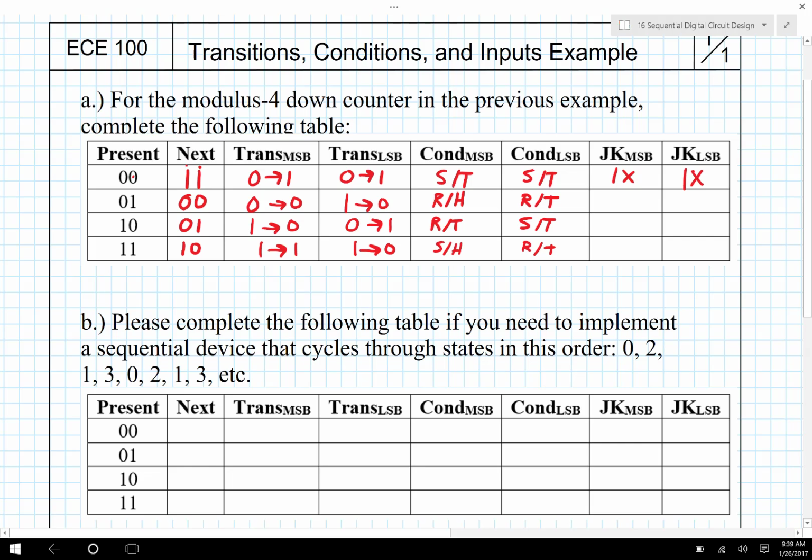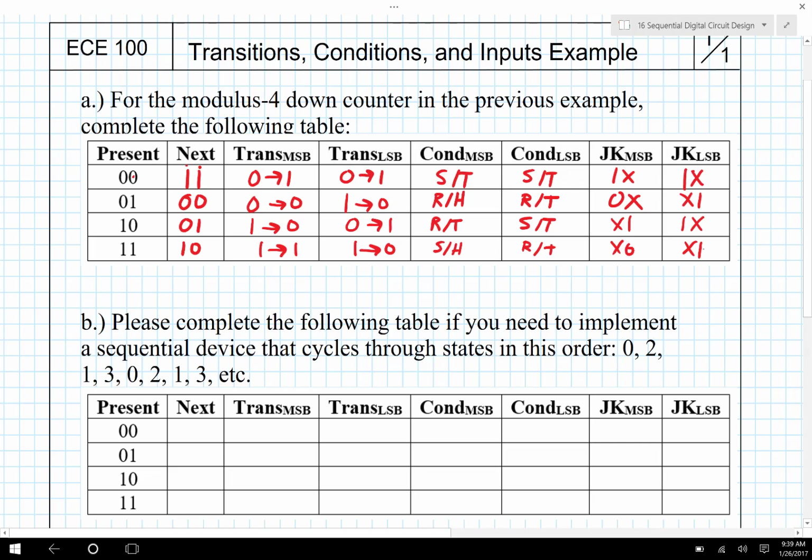Reset or a hold, that's going to be a 0x. Reset or toggle, that's going to be an x1. Reset or toggle, again, x1. Set or toggle, that's a 1x. Set or hold, that's going to be an x0. Reset or toggle, that's going to be an x1.